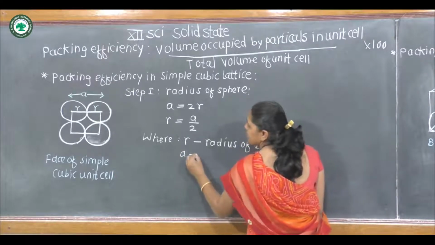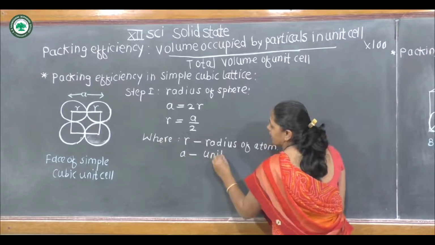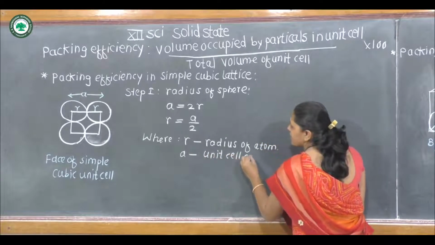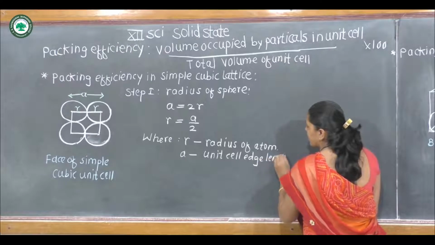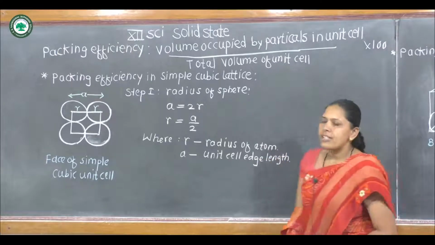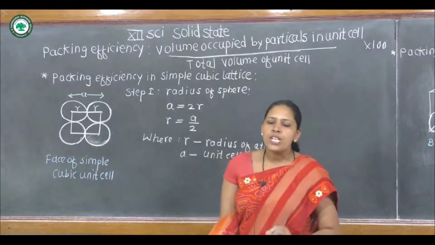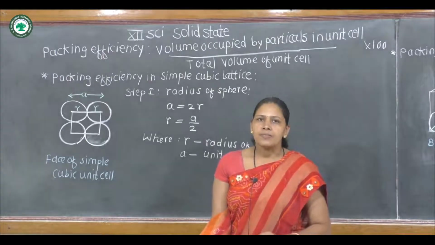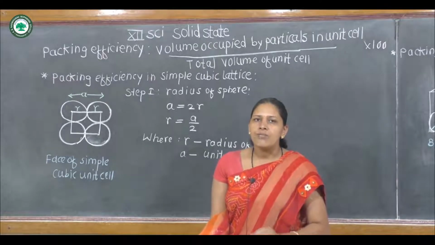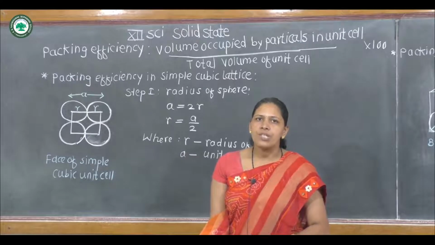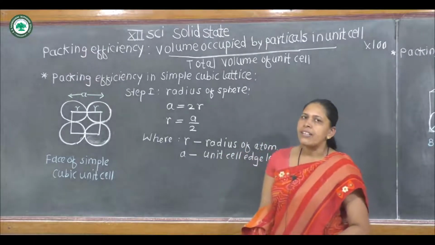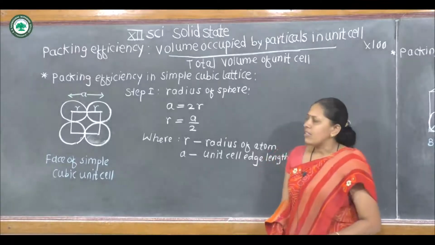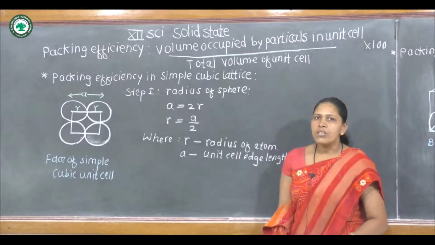We know that in a simple cubic unit cell there is only one particle per unit cell. That one particle is present at the 8 corners of the cubic lattice.